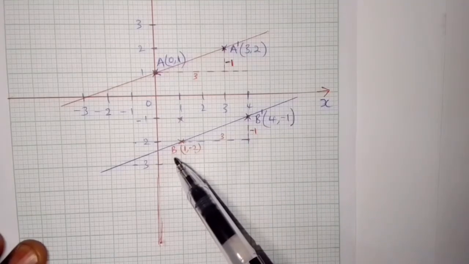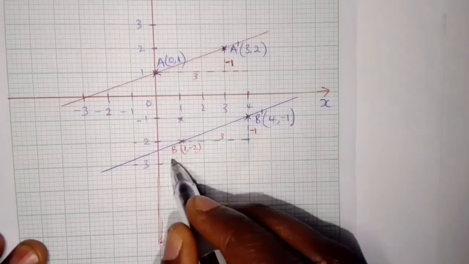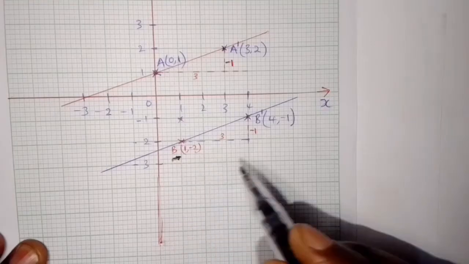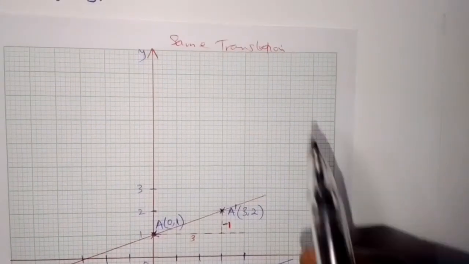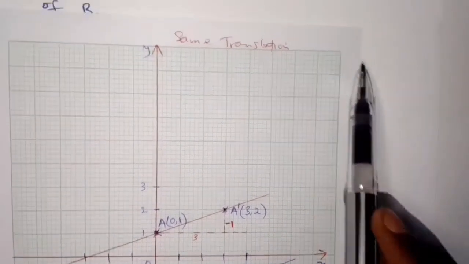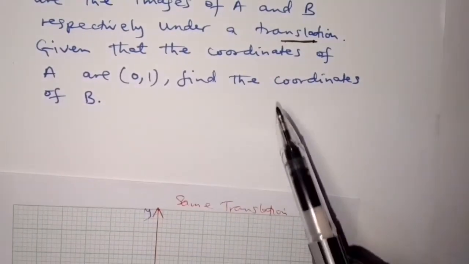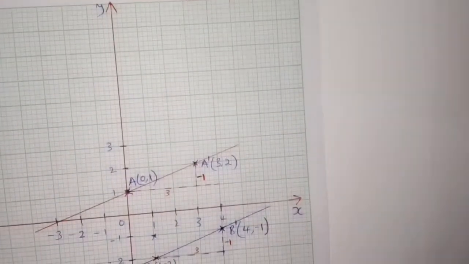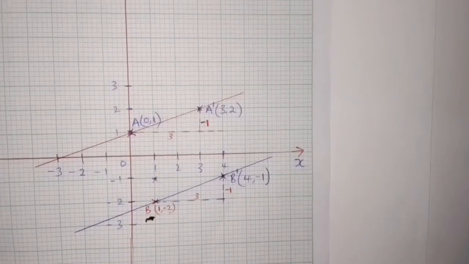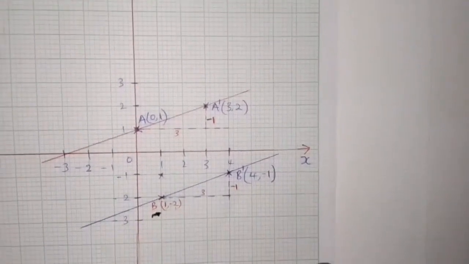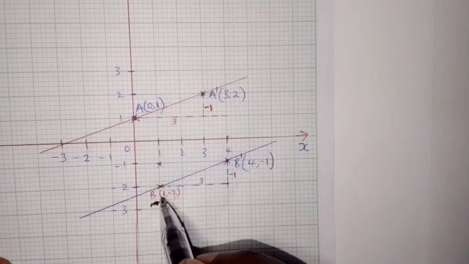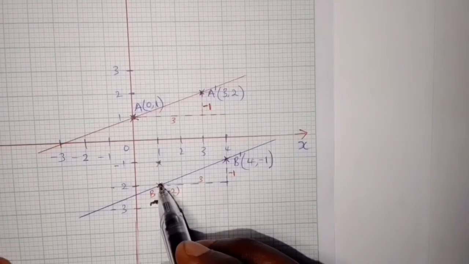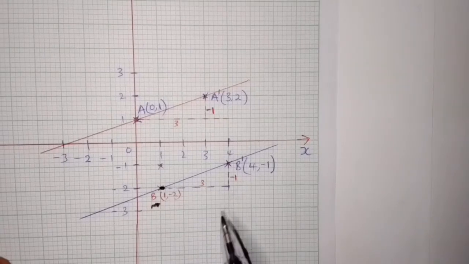We want to get the coordinates of B. The coordinates of B we have not been given, so we want to find this coordinate here.